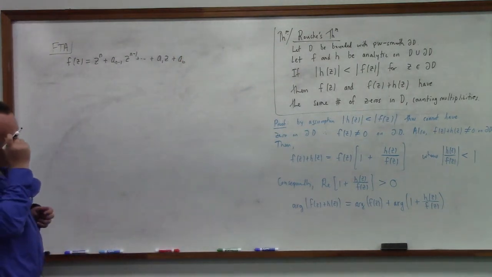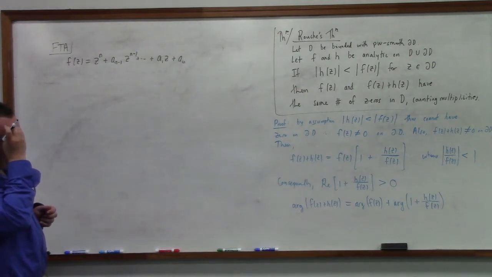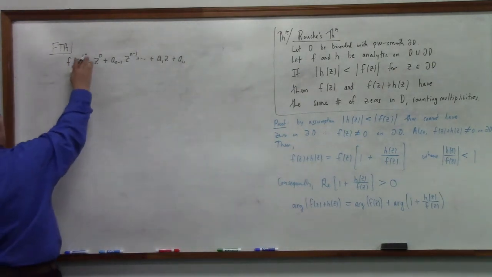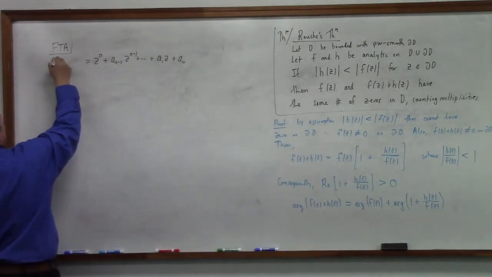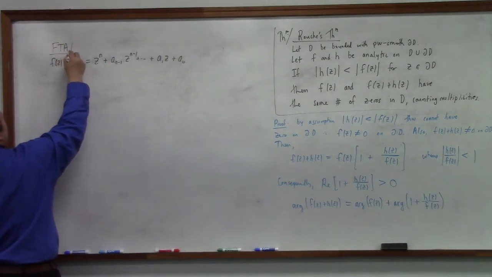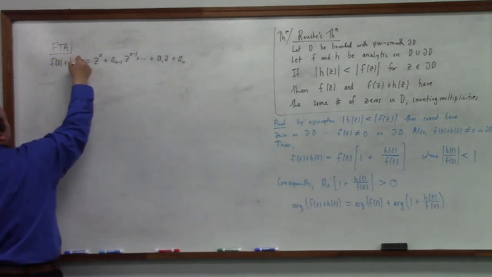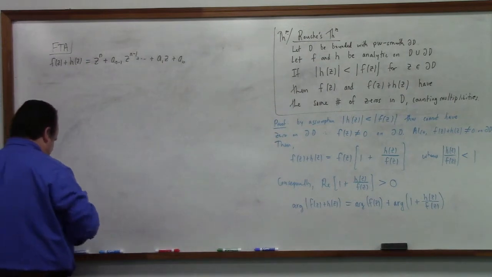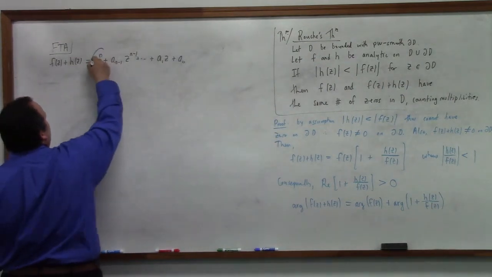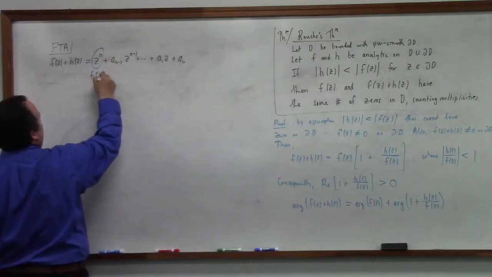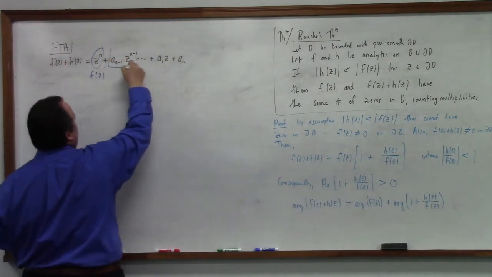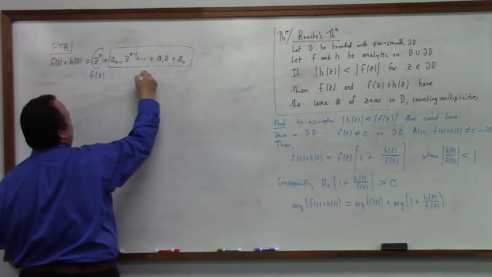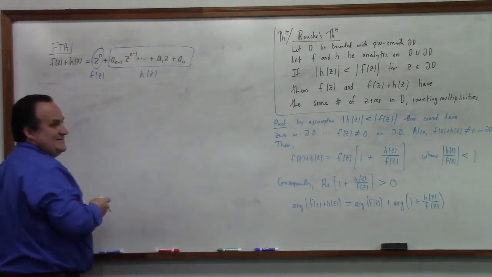Actually, I don't want to look at that as f of z. I'm going to look at that as f of z plus h of z, okay? So in this case, I'm going to let this be my f of z, and I'm going to let all of this be my h of z, right?